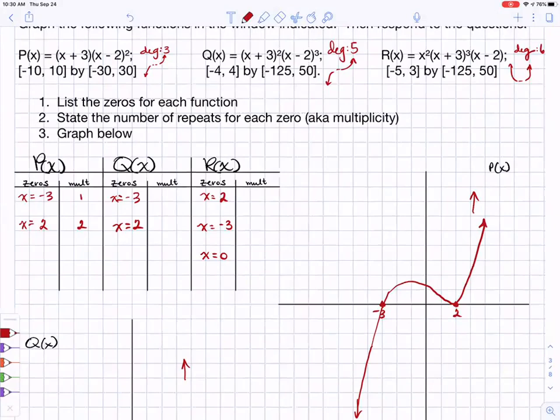Show each other your graph. And then talk through your multiplicities.